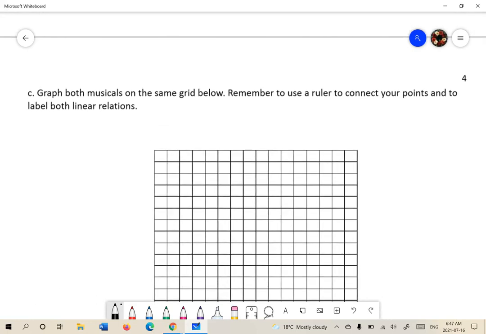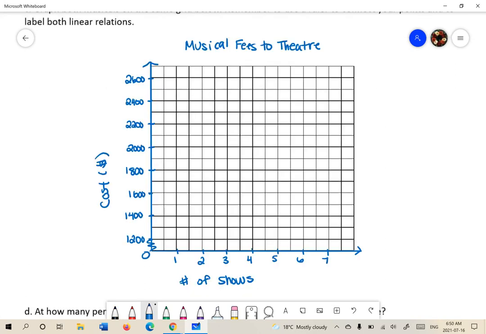Next, we're going to graph both of the musicals on this grid. Now it's time to plot my points.